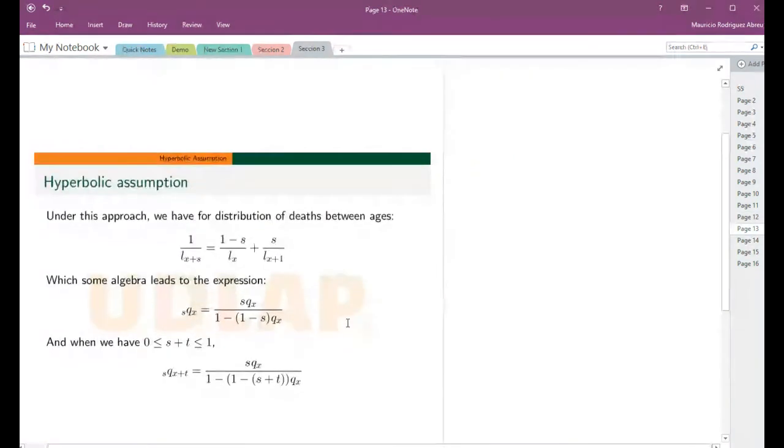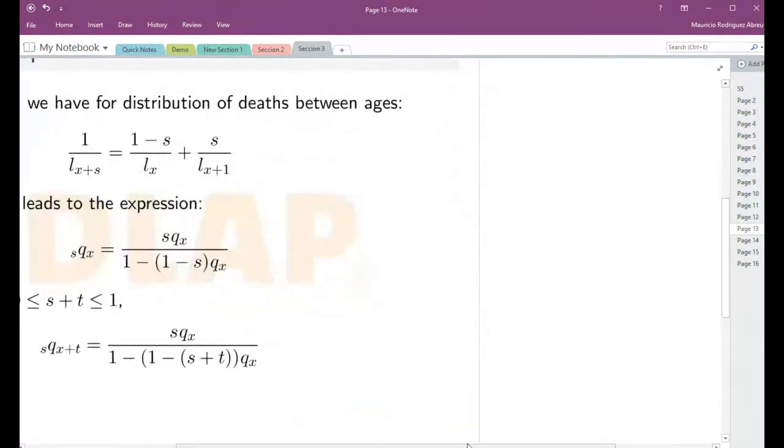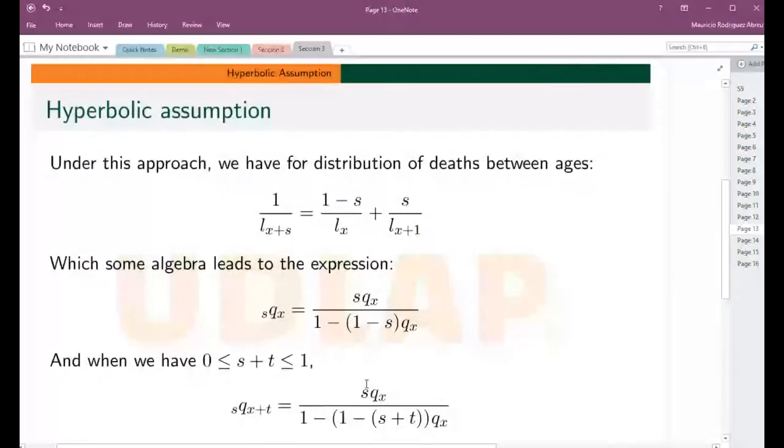Now, the last assumption that we use is called the hyperbolic assumption. And this again comes from the fact that we can assume that this association between the fraction of the year, or fraction of the time of survival that a person has, follows, instead of a straight line, a kind of hyperbolic approach.